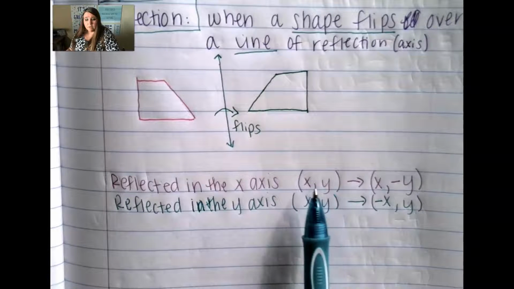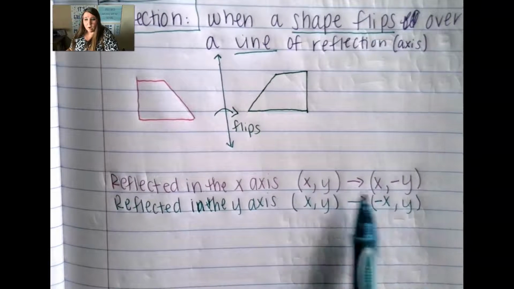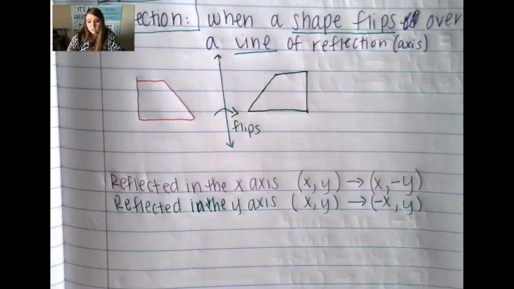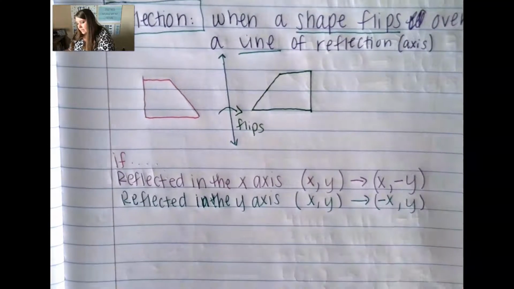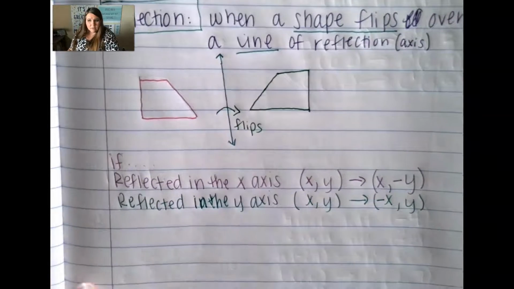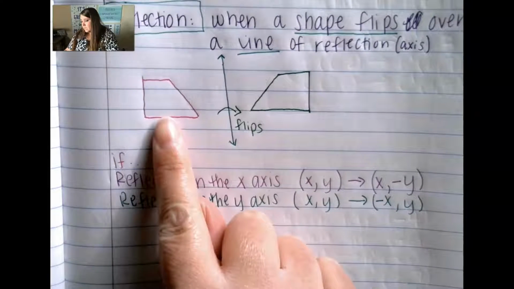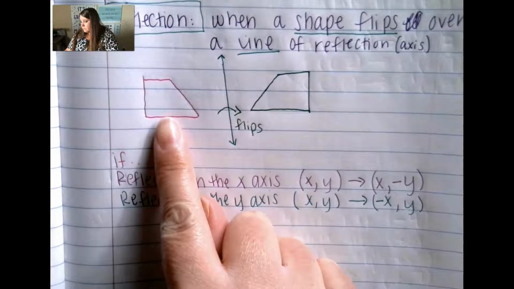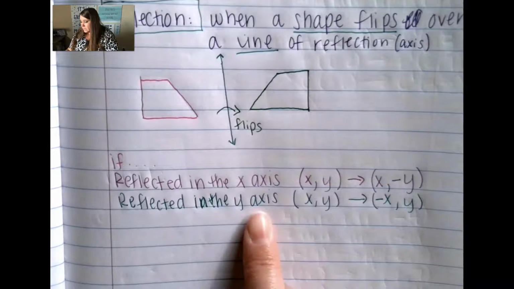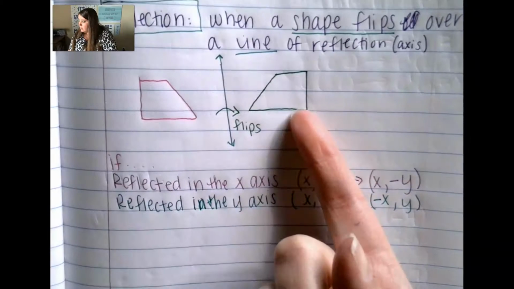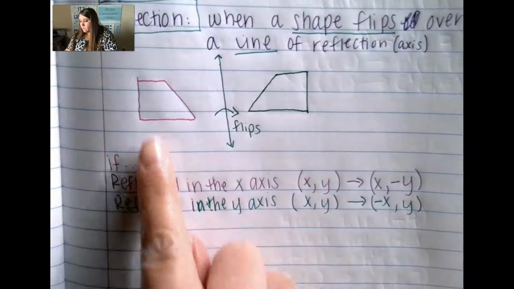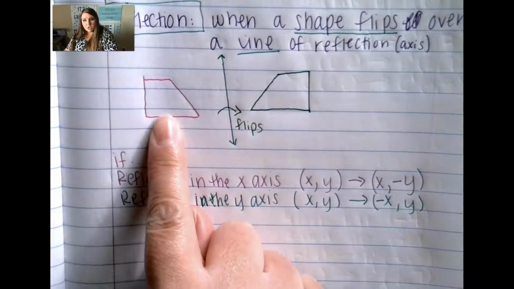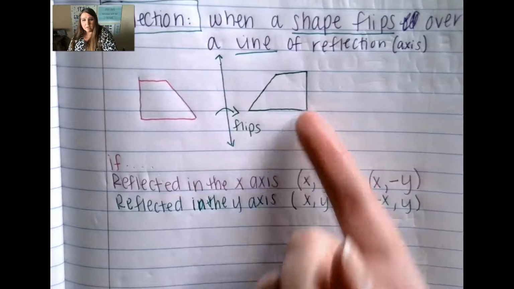Up here, the value that changed is going to be the y value. So we're going to use this idea of if this happens, then that. Keeping those things in mind, if you see here, it flipped over the y, so reflecting on the y, our x value is what changed. So it went from negative x values to positive x values.